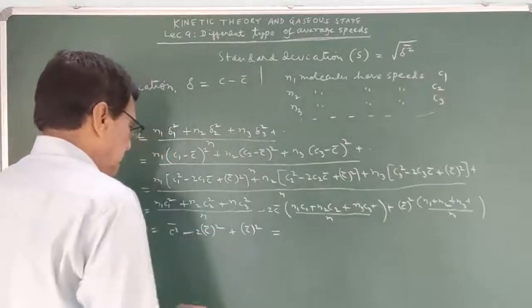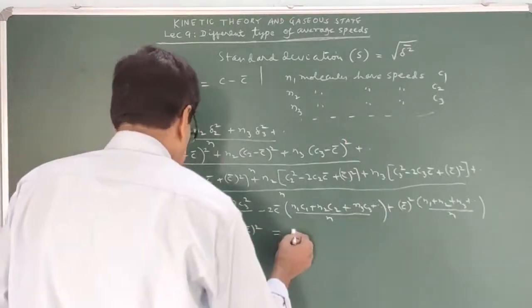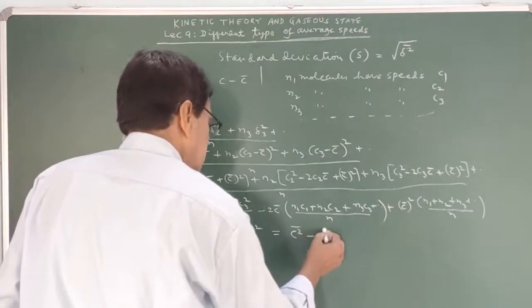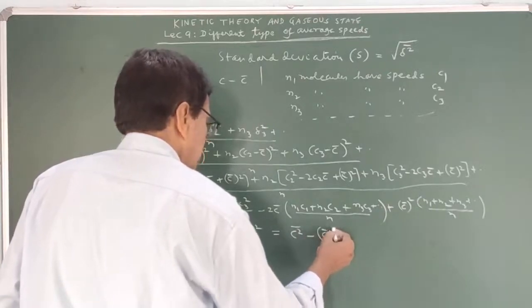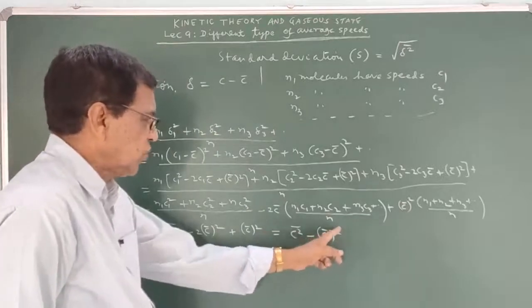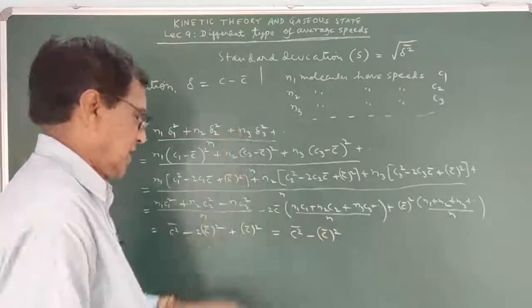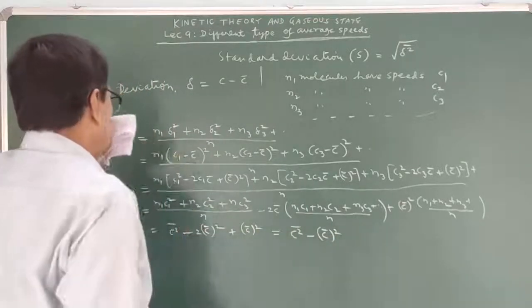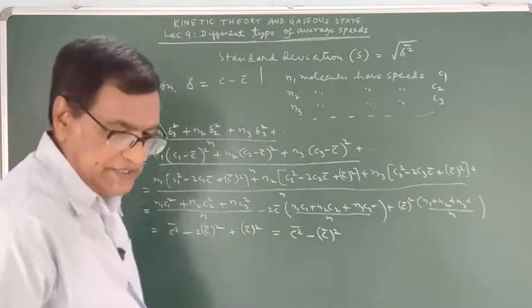If we simplify, then C square bar minus C bar square. It is the mean square speed minus the square of mean speed. The difference between the two is the mean square deviation.